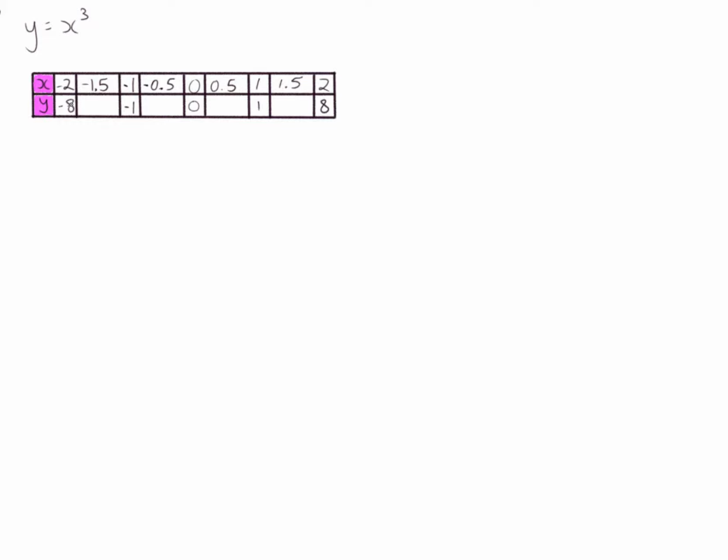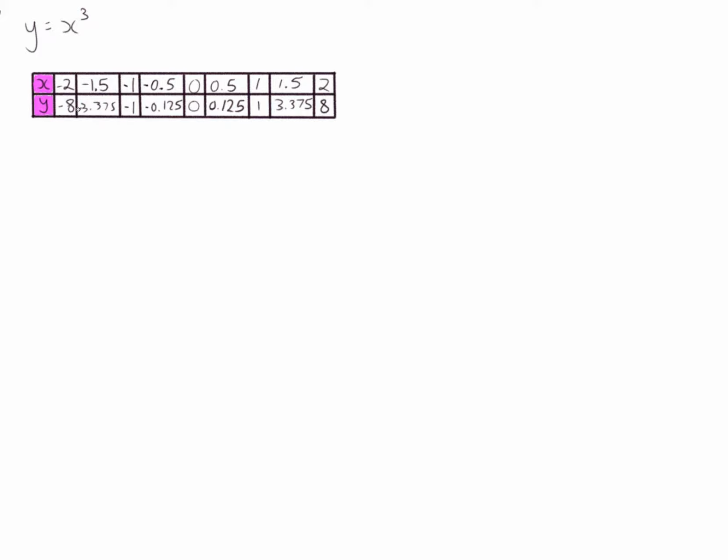Just going quickly through the 0.5s. 0.5 cubed gives us 0.125, and 1.5 cubed gives us 3.375. And likewise, we get the negative versions of those numbers for the negative x values. 3.375 negative.